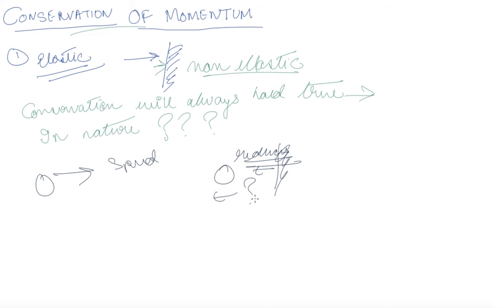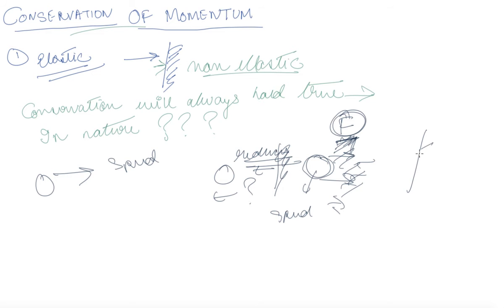The answer is that conservation of momentum always holds true. But what you see is, when you throw a ball, there is air resistance. So in order to overcome the air resistance, you apply a certain force, and the resistance that is generated reduces the speed.